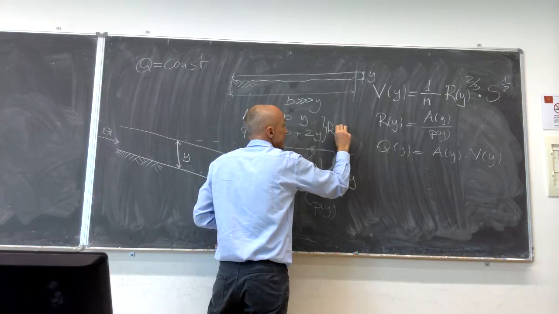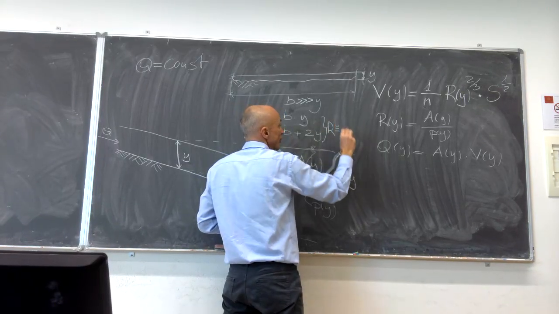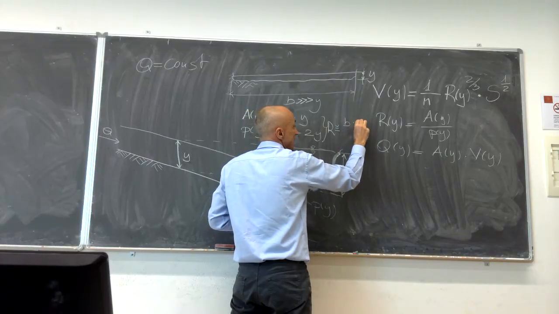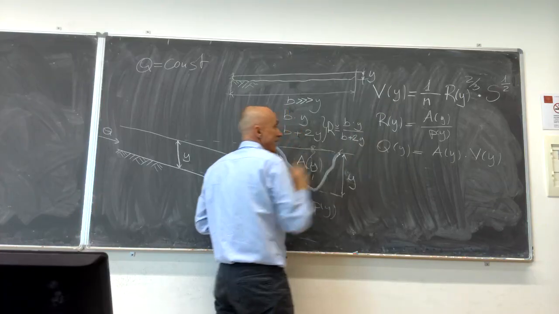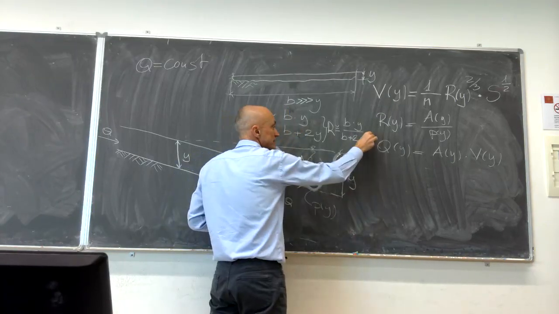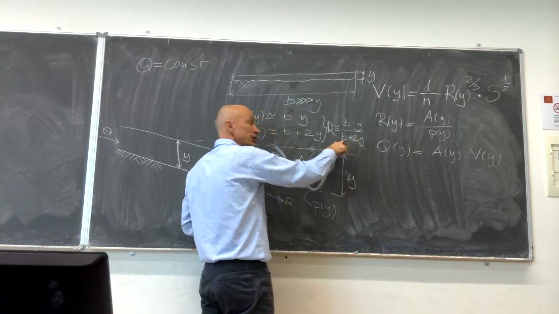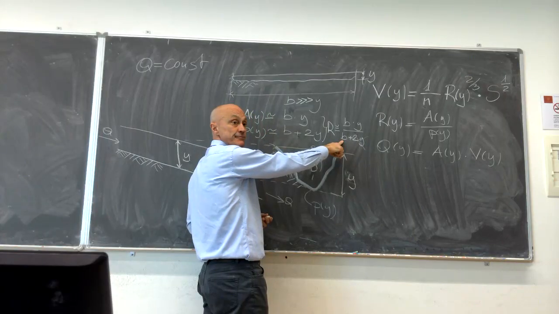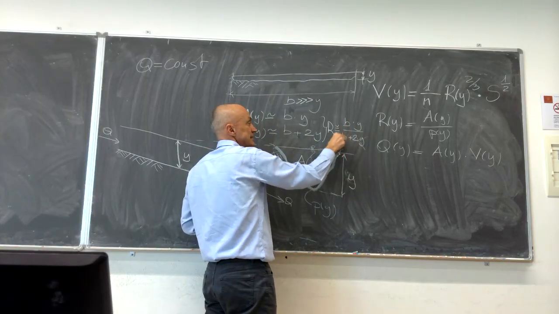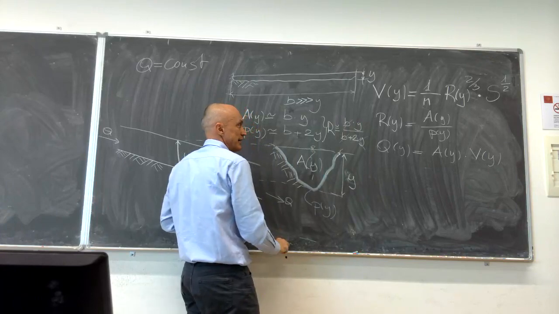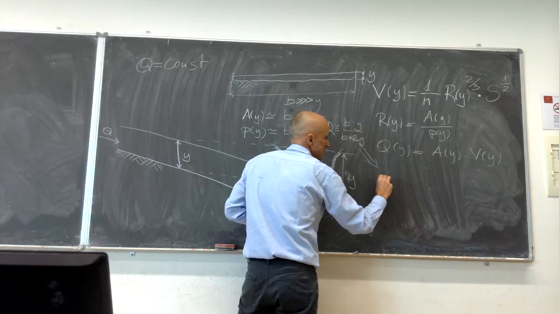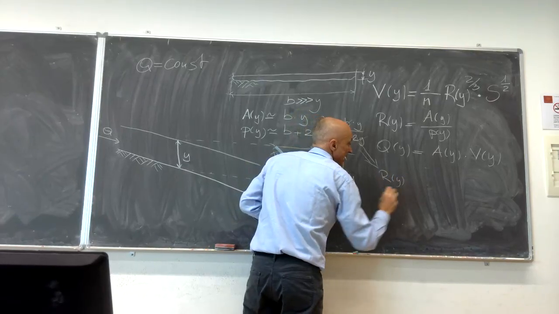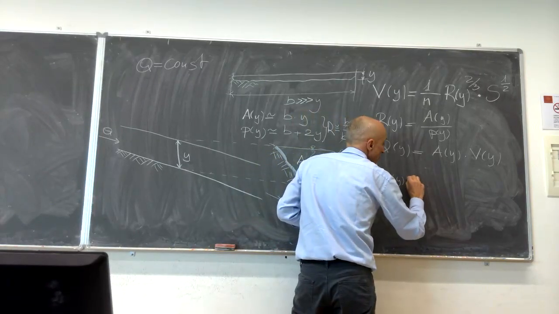But 2Y is much smaller than B at the denominator. So we can erase it. And we can write that the hydraulic radius is more or less equal to the water depth in natural river cross-sections.